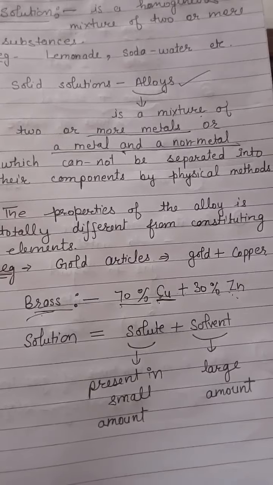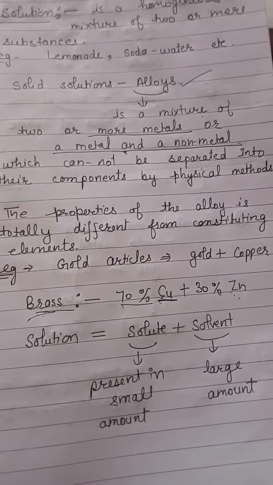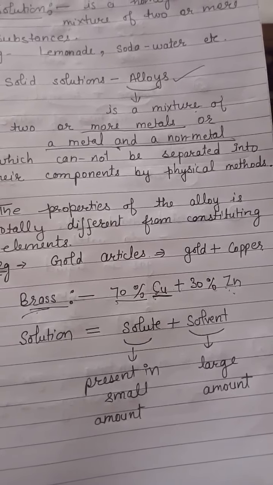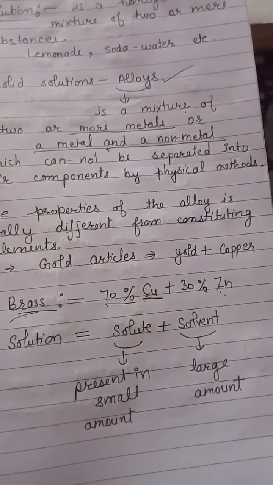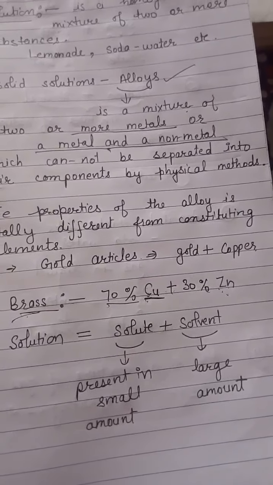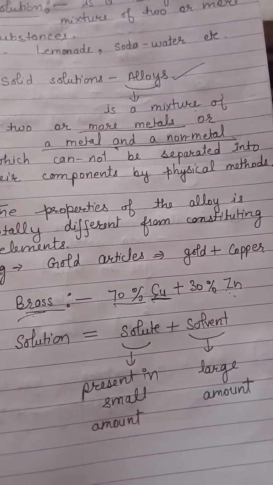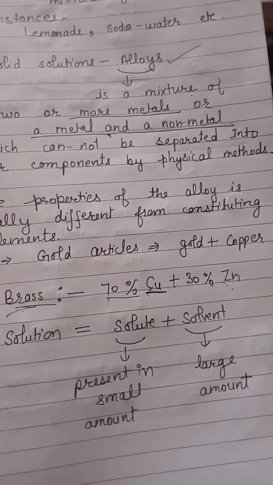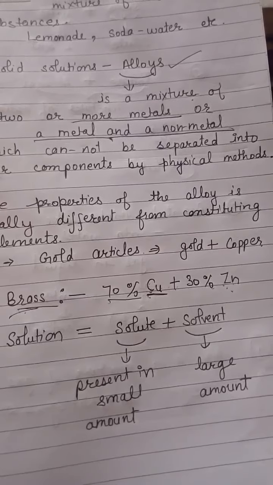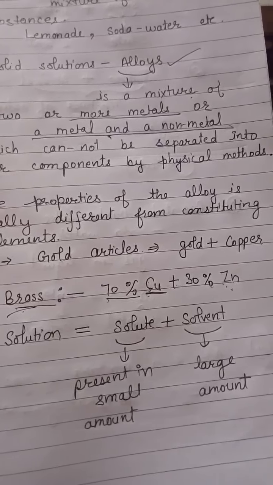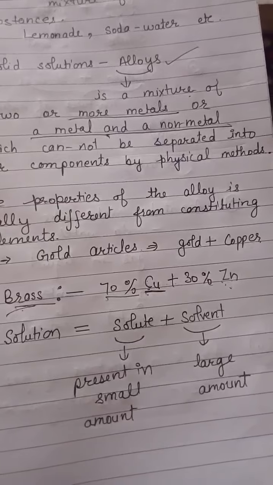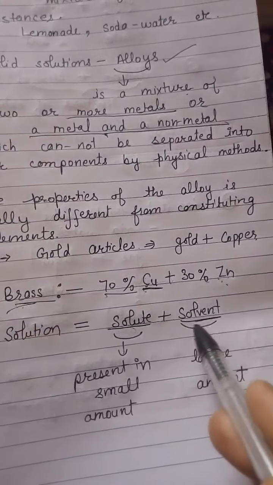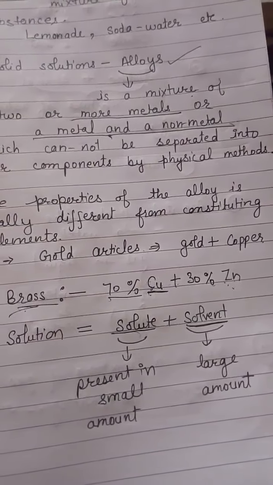That component which is present in a small amount is called solute, and that component which is present in a large amount is called solvent. You can also remember it by counting the number of alphabets in the spellings.